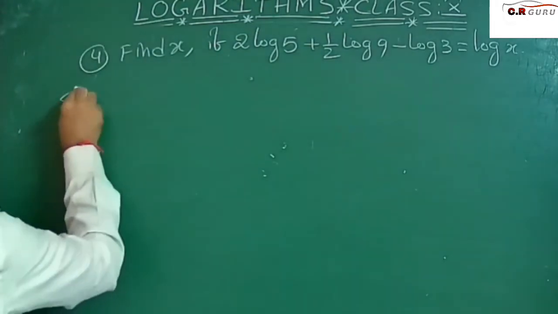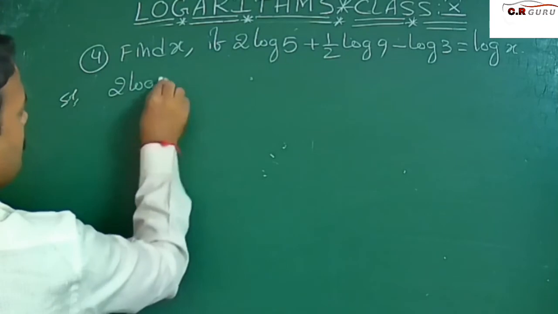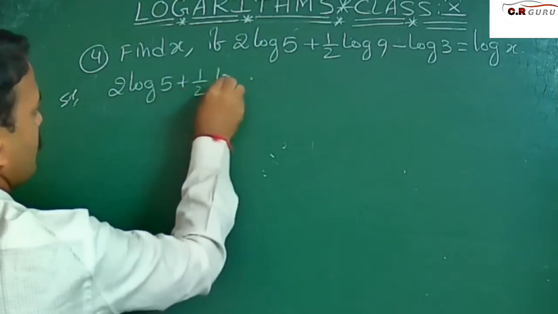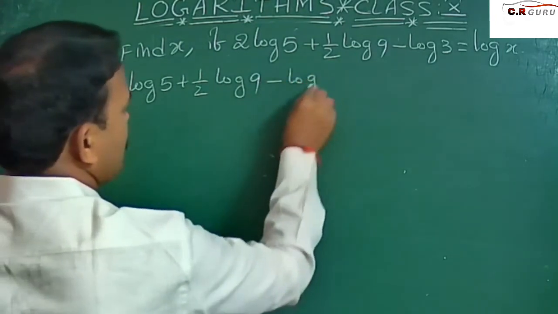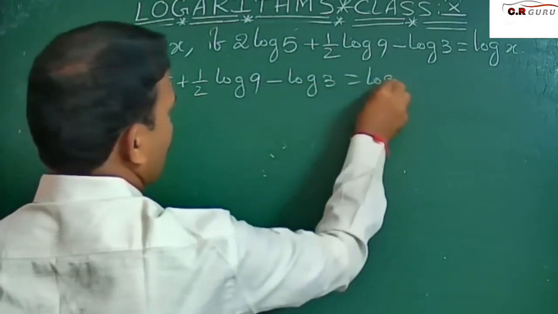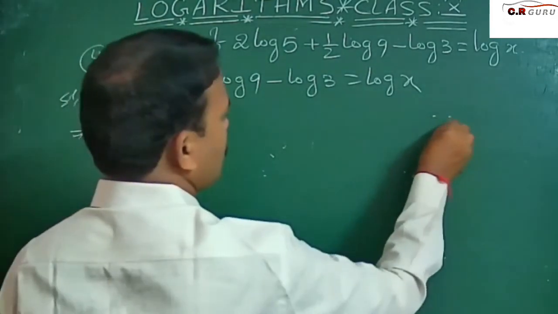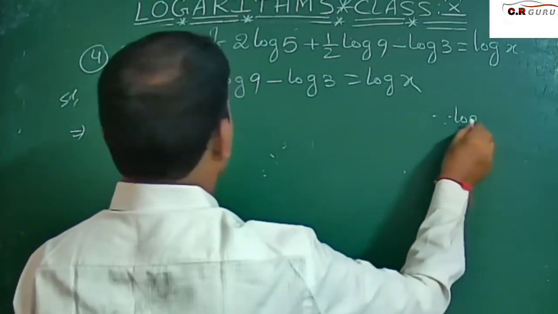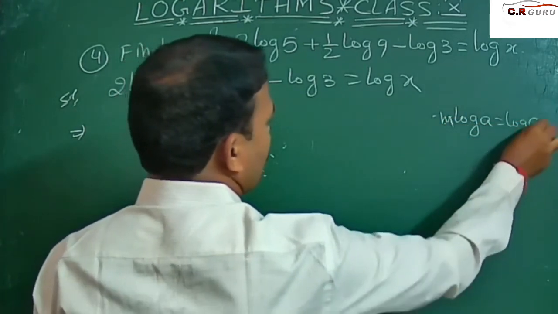So now solution: the given question, 2 log 5 plus 1 by 2 log 9 minus log 3 is equal to log x. That implies this can be written as, you know already one formula, m log a is equal to log of a to the power of m.